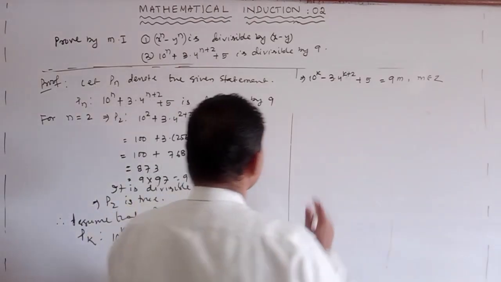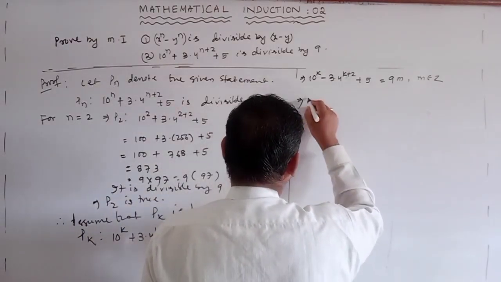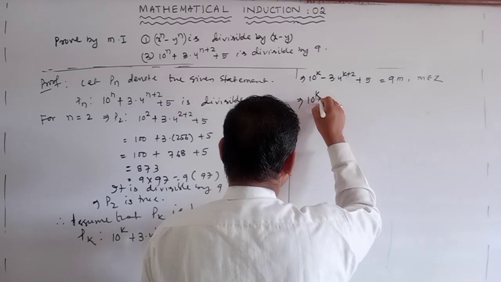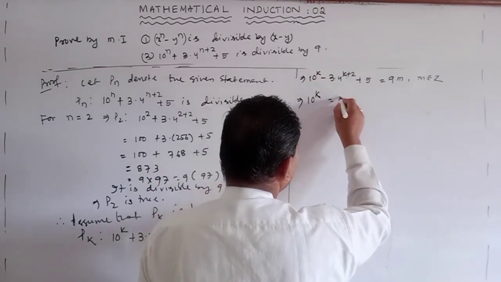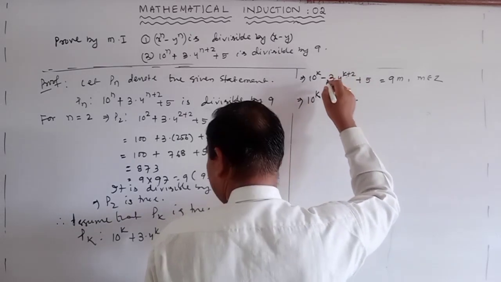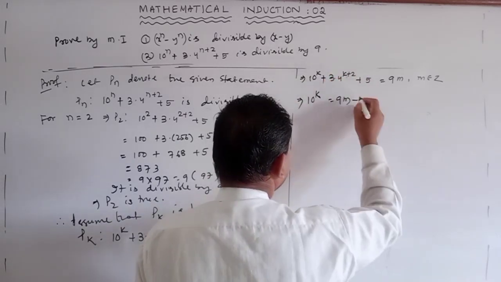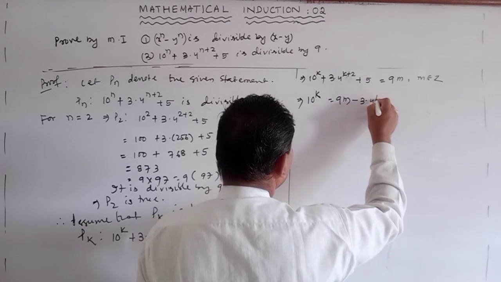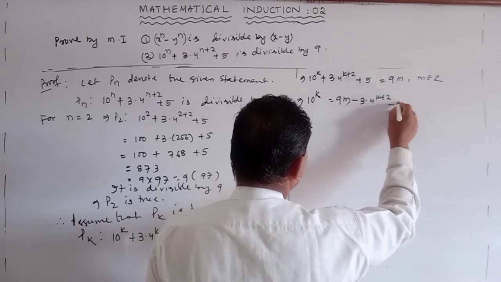So find the value of 10 to power k: it is equal to 9m minus 3 into 4 to power k plus 2 minus 5.